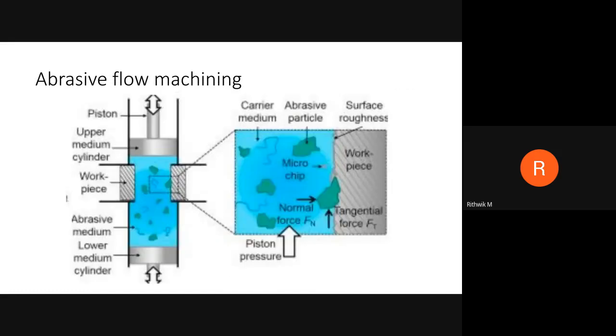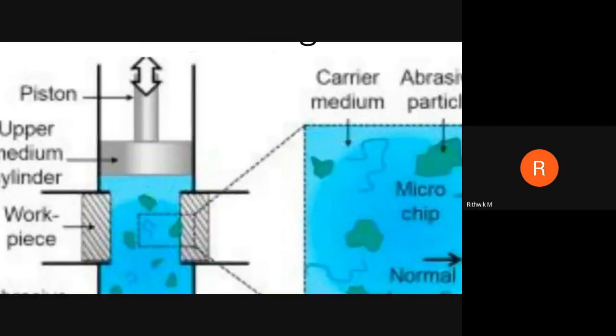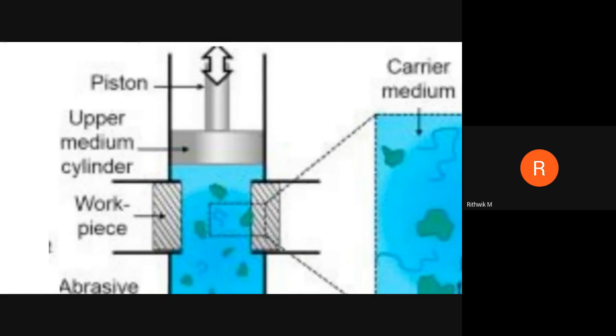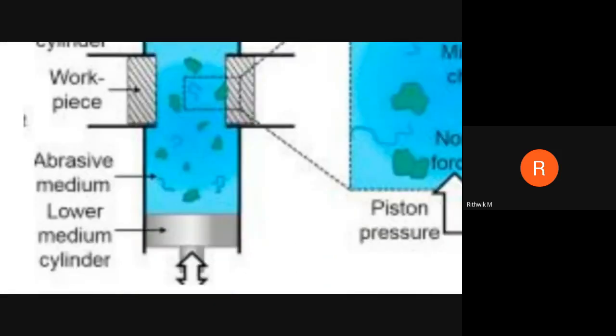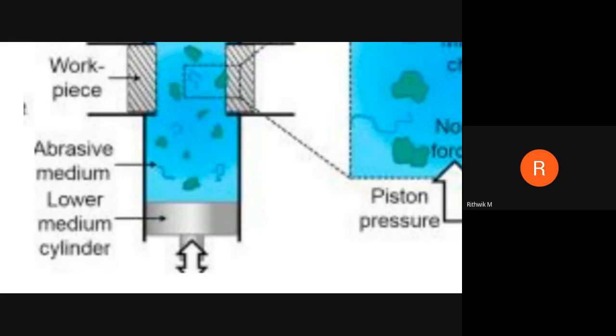This is another figure. You can see the two pistons, the top piston and the upper medium cylinder. The workpiece is kept here, along with the abrasive medium. The blue color is the carrier medium, and the green color portions are the abrasive particles.